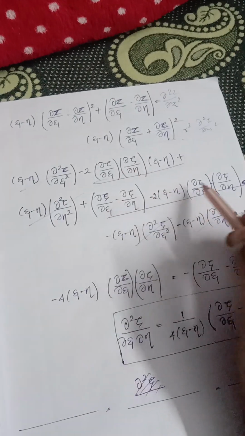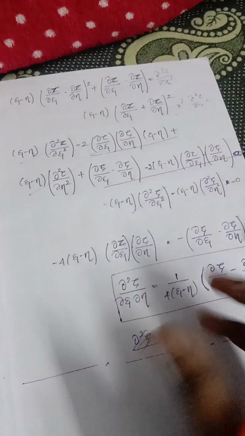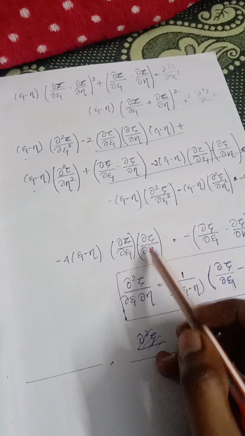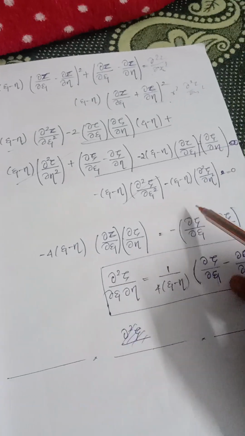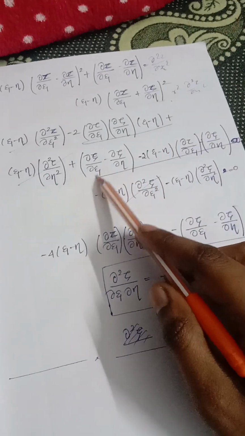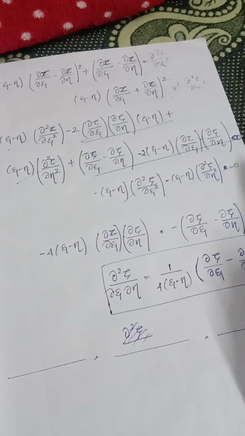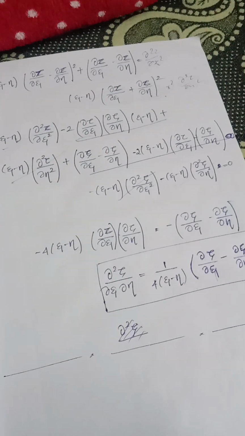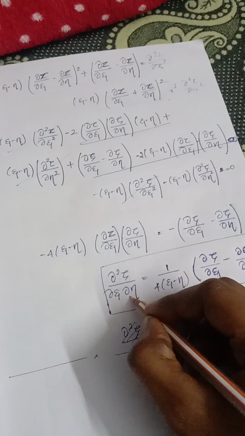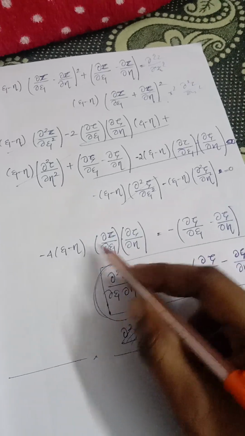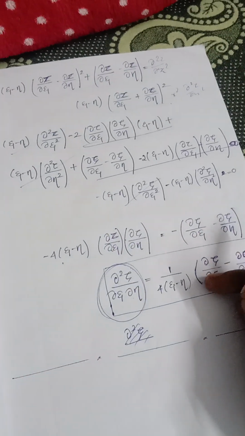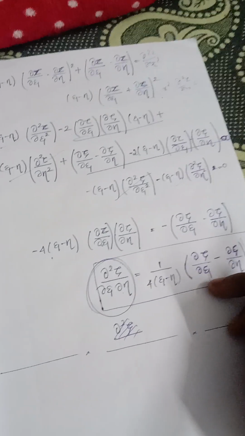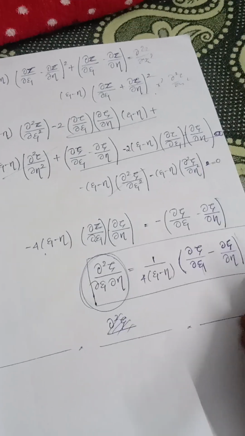These two terms look similar, so if we club them we get minus 4 times xi minus eta, dou zeta divided by dou xi, dou zeta divided by dou eta, equal to this. If we move this term to the other side, both minus signs get cancelled. We have to find dou square zeta divided by dou xi dou eta, and if we take this term as the denominator we get 1 by 4 times xi minus eta, times dou zeta divided by dou xi minus dou zeta divided by dou eta.